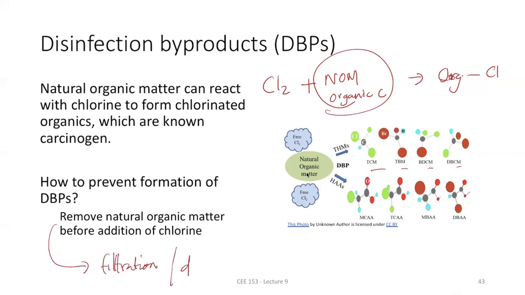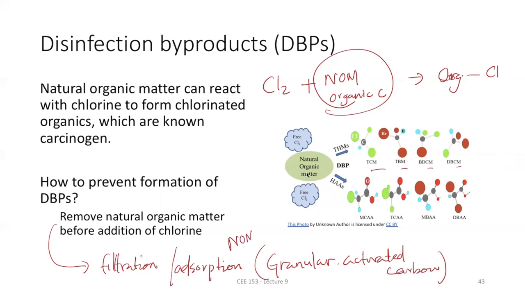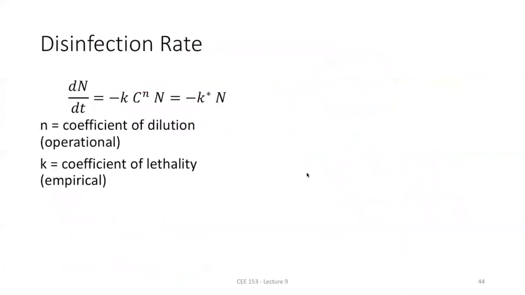Sometimes you use adsorption, basically because sand itself doesn't have much adsorption capacity. You use granular activated carbon, so the NOM is going to adsorb much more effectively. That's the process people use. So instead of sand, you just use granular activated carbon.